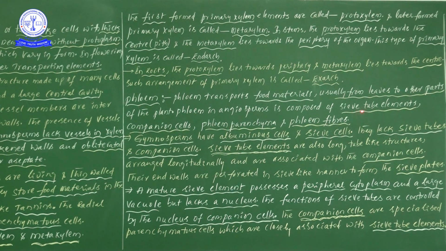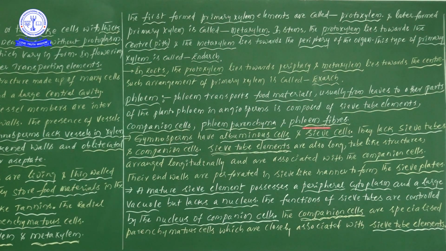The difference is that angiosperms have sieve tube elements, but gymnosperms have sieve cells. Along with the sieve cells, one more is albuminous cells. Albuminous cells and sieve cells are present in gymnosperms. That's why I have given this point: they lack sieve tube elements and companion cells.